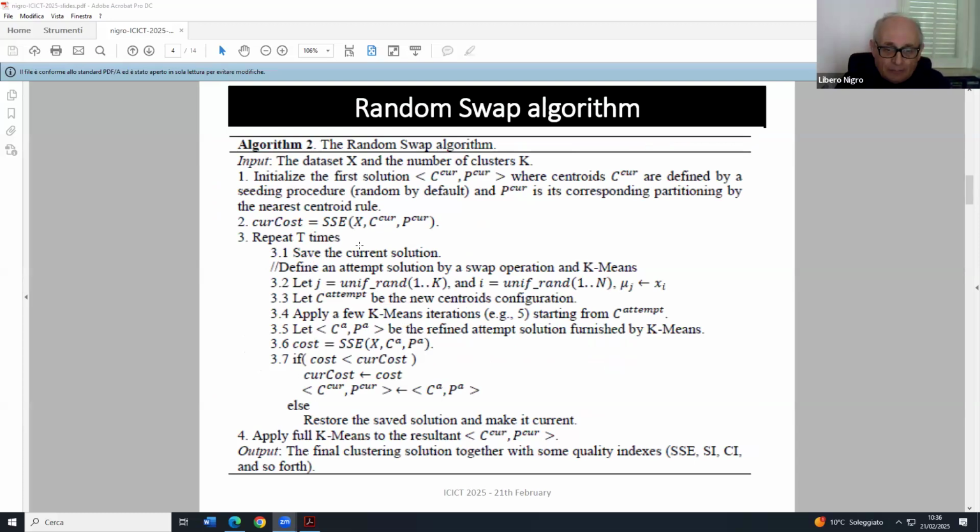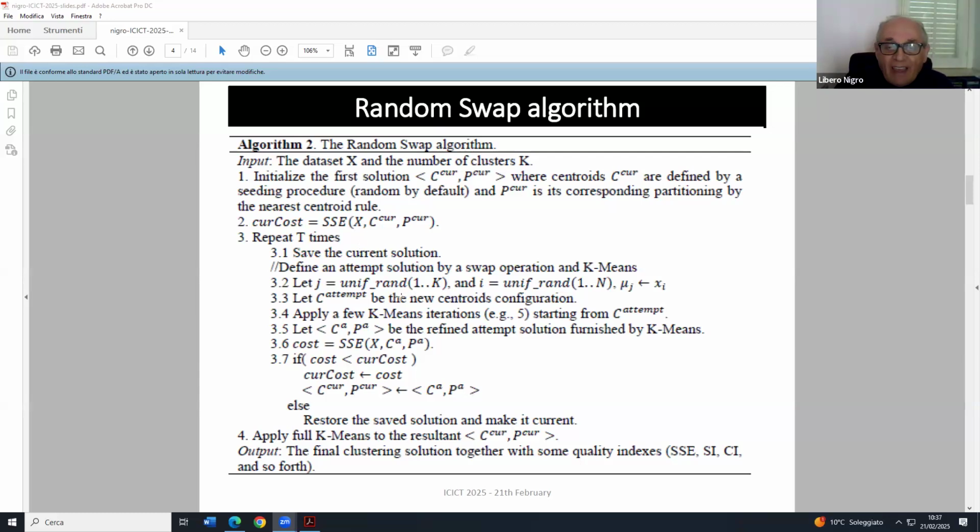In this way, random swap is able to configure centroids which move all over the data set. So a global search is introduced, contrary to K-means, which instead is a refinement technique, and centroids in K-means cannot go over all the data set.